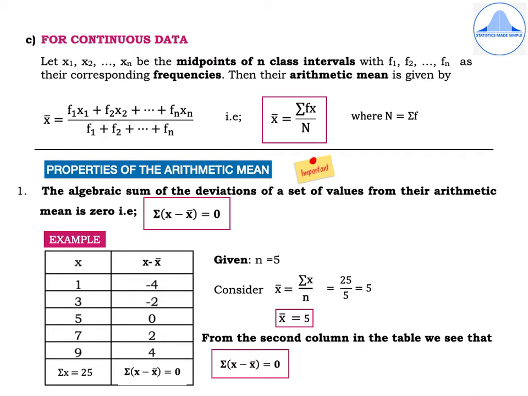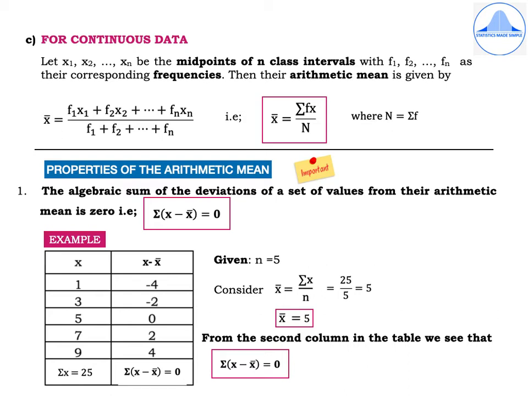Now I have written given n equal to 5, that is 5 observations are given. And how do we calculate the arithmetic mean for raw data? It is x bar equal to summation x by n, which is 25 divided by 5, which is equal to 5. So you get x bar equal to 5. In the second column in the table, we'll find out x minus x bar.